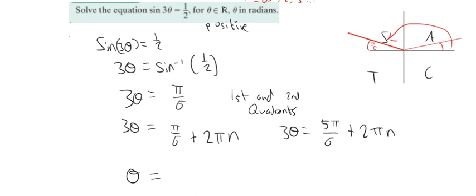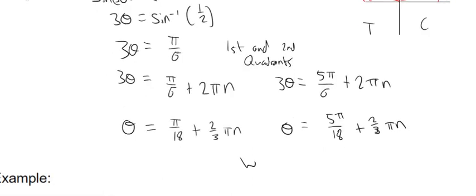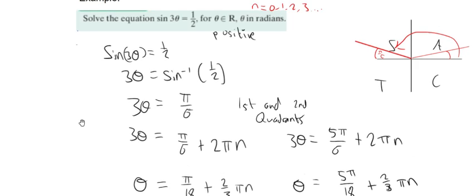So theta equals pi over 18 then, plus 2 over 3 pi n, and our other one will be theta equals 5 pi over 18 when you bring across the 3 and divide it, plus 2 over 3 pi n, and that's when n is equal to 0, 1, 2 and so on, and n is any number. So that's the general, they're the general solutions for it.